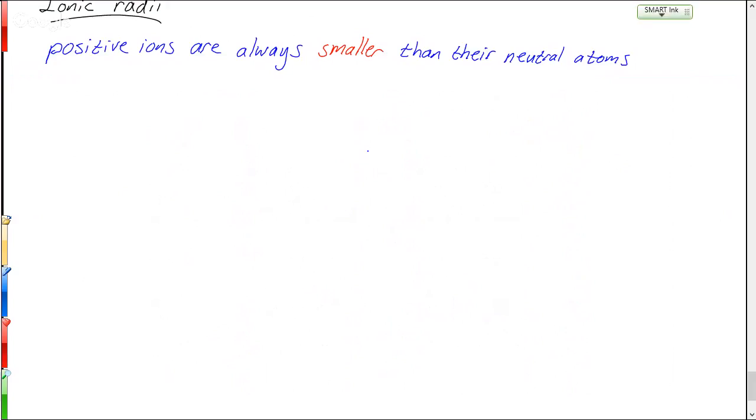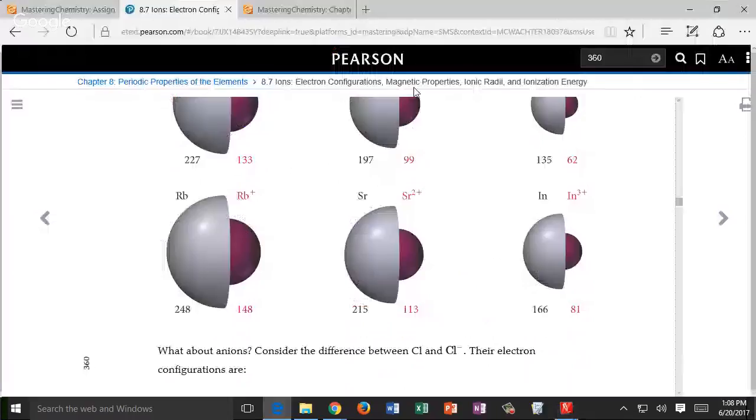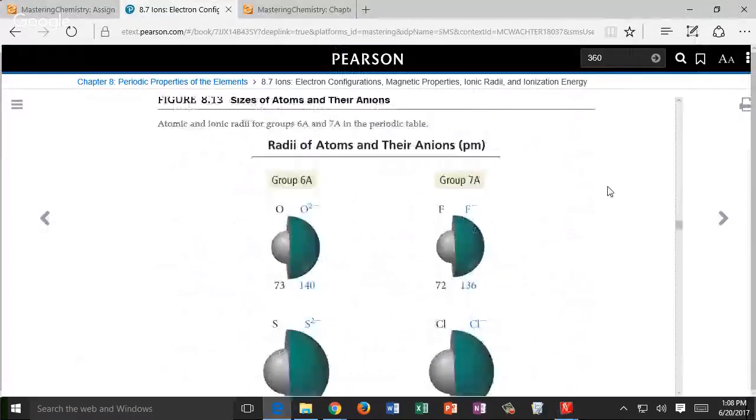So what do you think happens with anions then? They get bigger. Yeah. So same thing, we'll look at some neutral negative ions here.